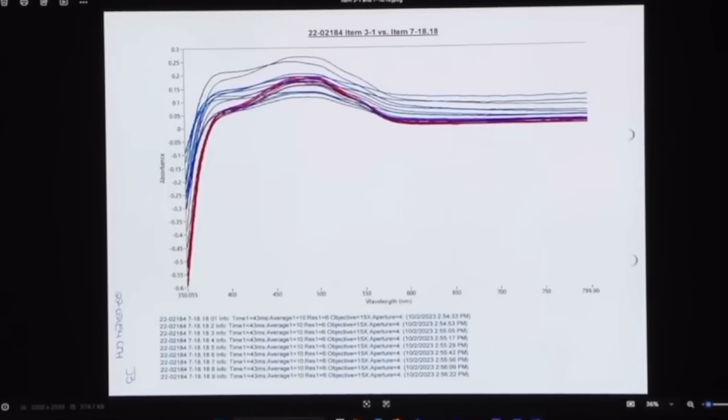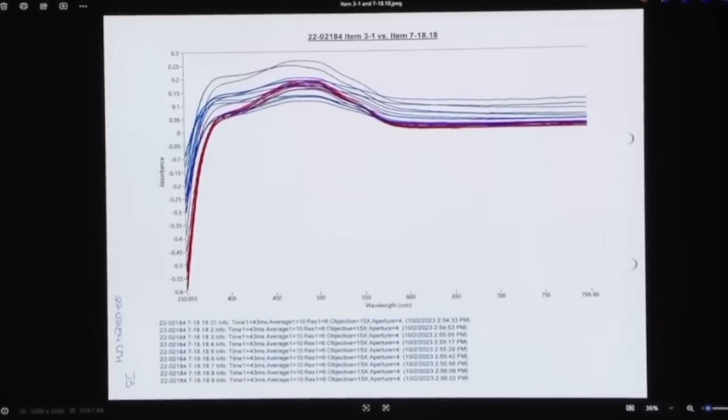And from overlaying the data from the pieces of plastic from Mr. O'Keefe's clothing and the pieces of plastic from the defendant's taillight, what do you observe from overlaying those two data sets? So I determined that they had consistent Microspec data.